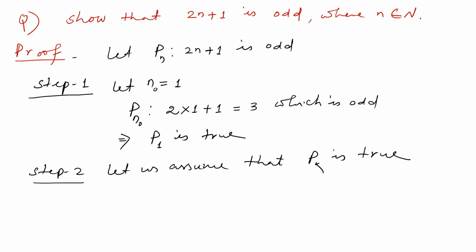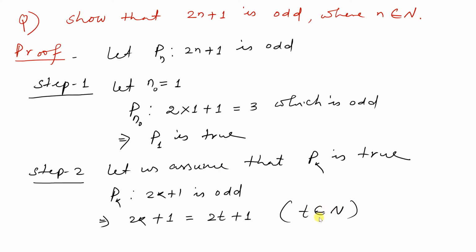Then you have to put k in place of n: 2k plus 1 is odd, which implies 2k plus 1 can be written as 2 into t plus 1, like this. An odd number is written as 2 into t plus 1, that is 2t plus 1, where t belongs to the natural numbers.